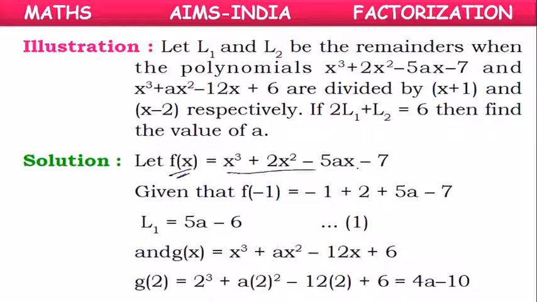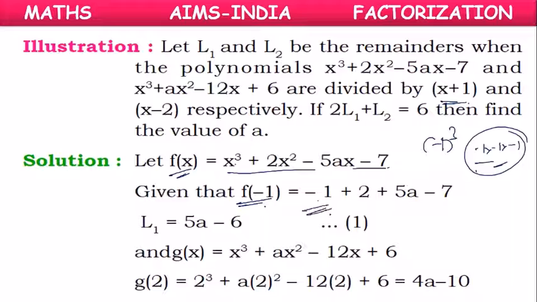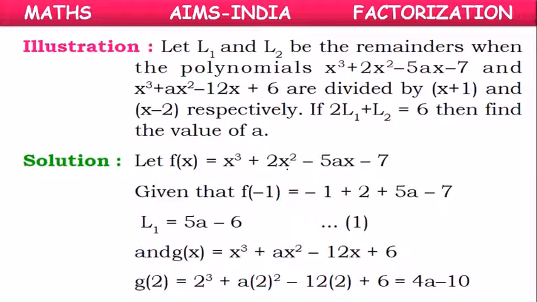So f of x they have given, divided by x plus 1, so f of minus 1 is the remainder. In the place of x we have to keep minus 1. Minus 1 whole cube means minus 1 into minus 1 into minus 1, it will give minus 1. Then 2x square: 2 into minus 1 whole square means 1, which is equal to 2.